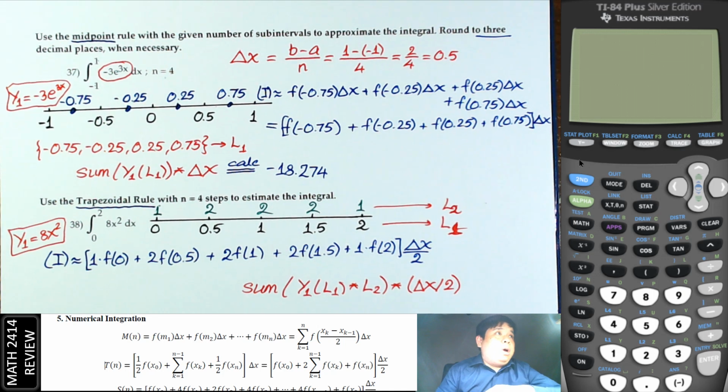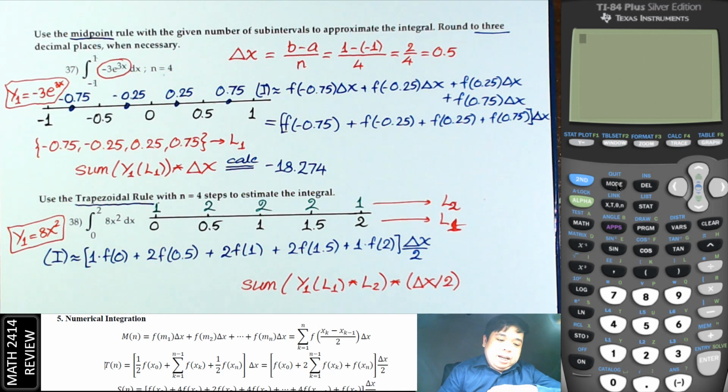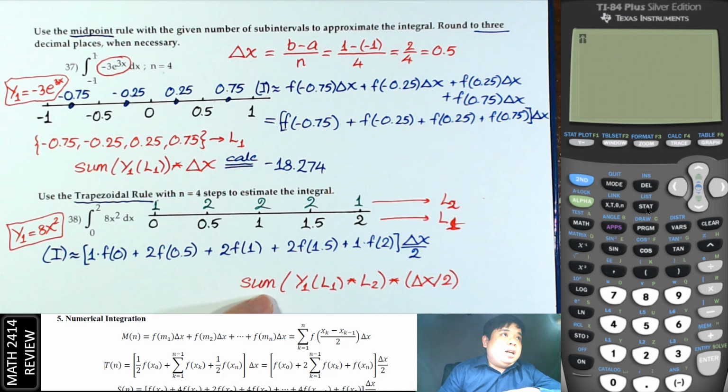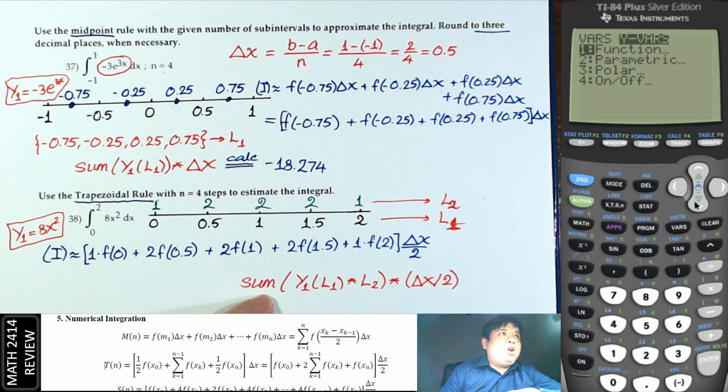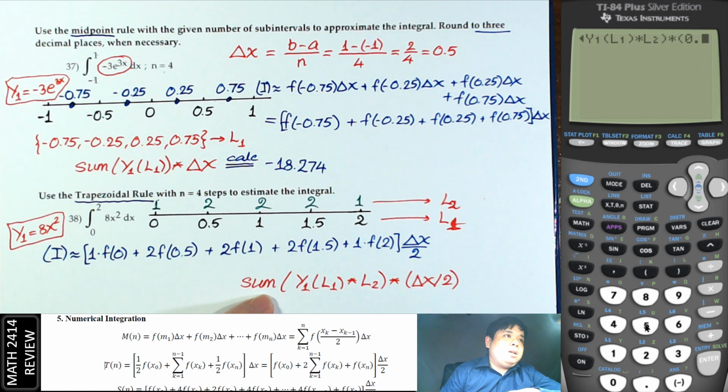Now, we have y1, right? Then we just need second stat, go to sum, and then variable, y variable, function y1, evaluate at list 1 times list 2 times delta x, 0.5 divided by 2.